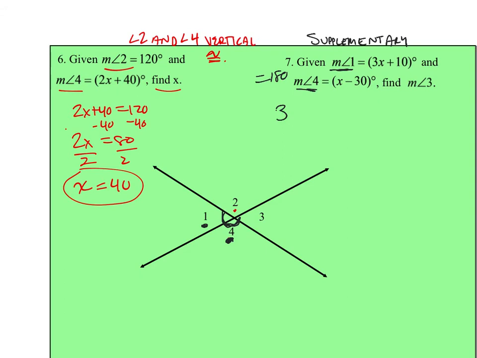So I'm going to take 3x plus 10 plus x minus 30 equals 180. Those two together are a linear pair, so I set them equal to 180. That makes 4x plus 10 minus 30, which is going to be minus 20.